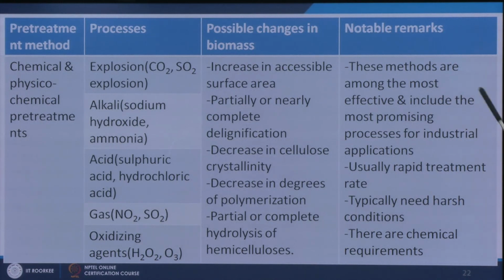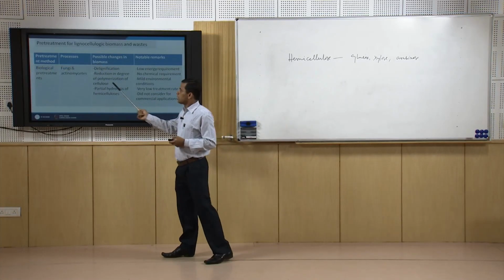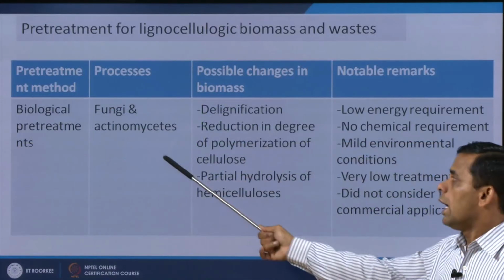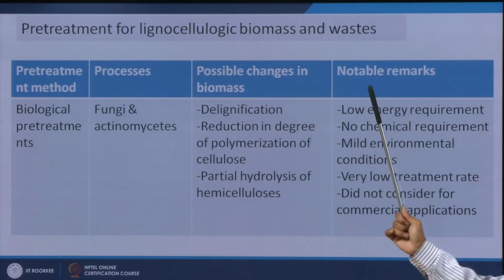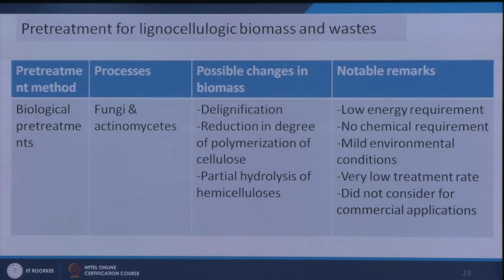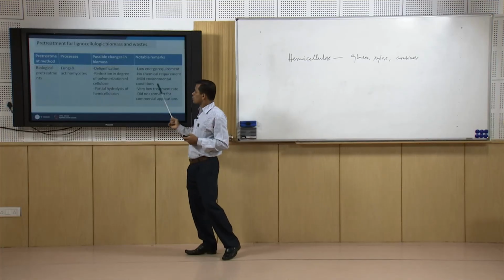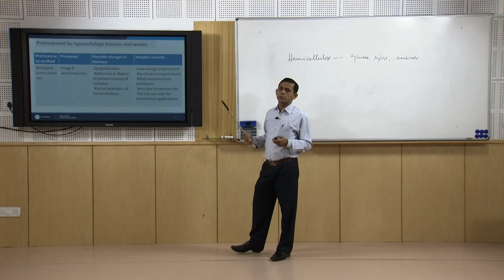These methods are among the most effective and the most promising processes for industrial applications for the pretreatment of lignocellulosic biomass. Another is biological pretreatment; some fungi and actinomycetes have been used, and delignification can take place, but due to the slow rate of reactions, these methods are not getting much interest.